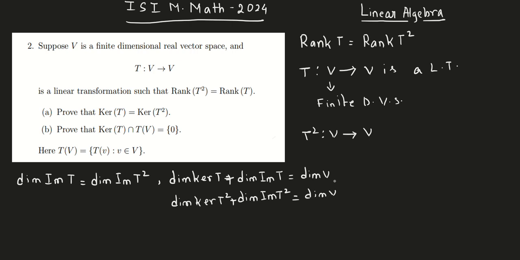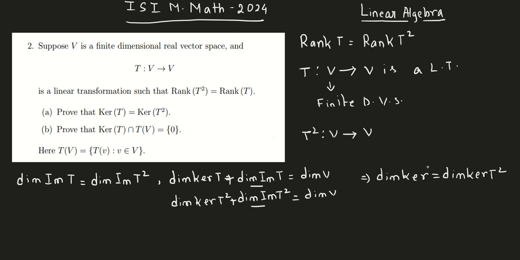From these two equations, both equal to the dimension of V, and the dimension of TV and the dimension of T squared V are the same. So I can say that dimension of ker T equals dimension of ker T squared, right?